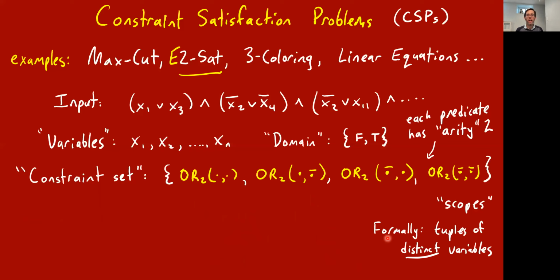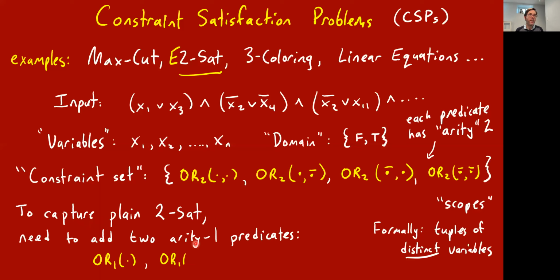So if you want to capture just plain 2-SAT, where you're also allowed clauses of length 1, then you have to add 2 more predicates of arity 1, which you could call OR sub 1 and OR sub 1 with negation. It's like the identity function on one variable and the negation function on one variable.